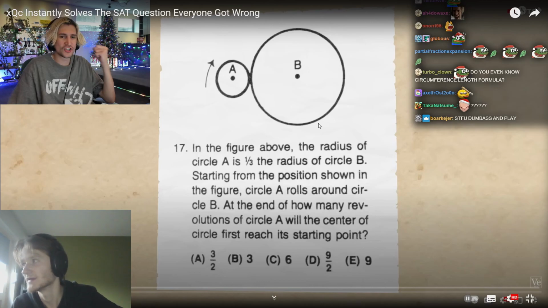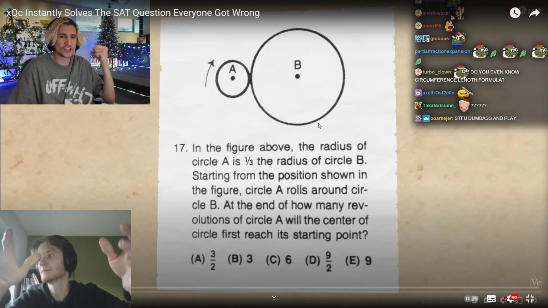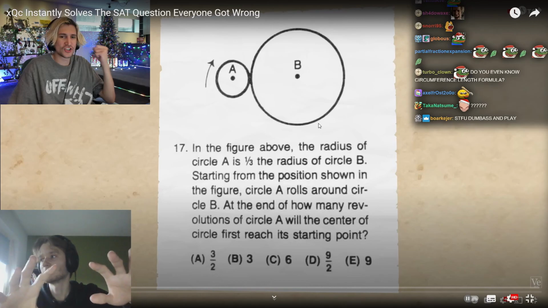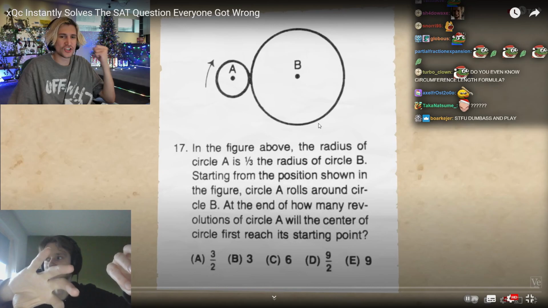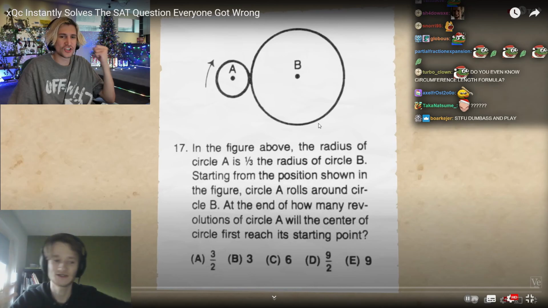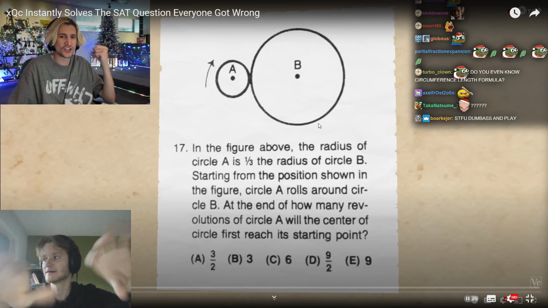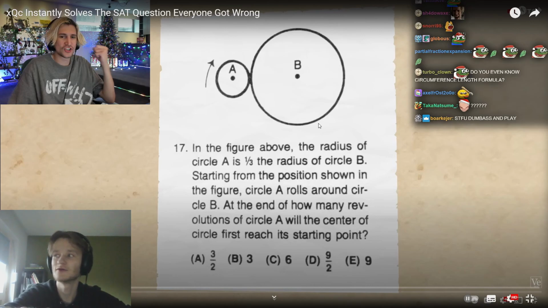Wait, maybe he's cooking. Maybe if both of them can rotate, A rotates and then B rotates the other way, right? So you get this, like two cogs. Since both of them will make a rotation, they will make half the rotation, right? So A would only make half of the way it would have if B was static.